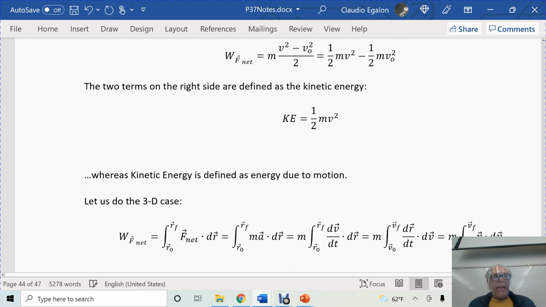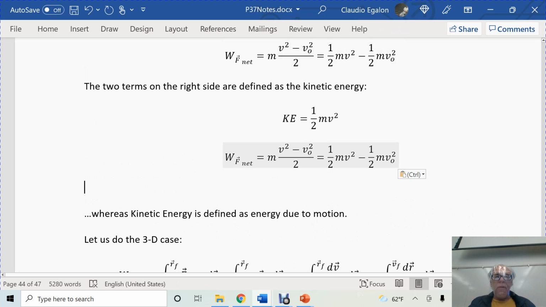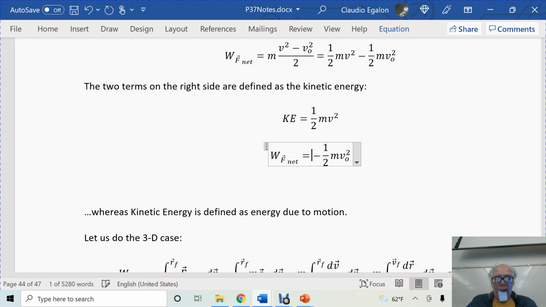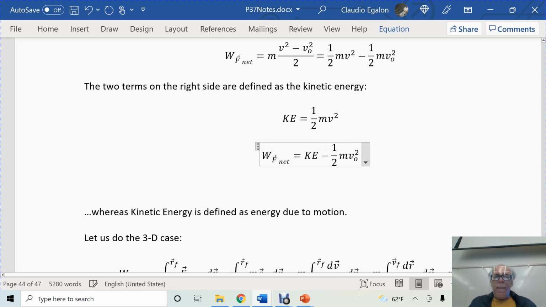Okay, the work of the net force is equal to what? The final kinetic energy minus the initial kinetic energy.